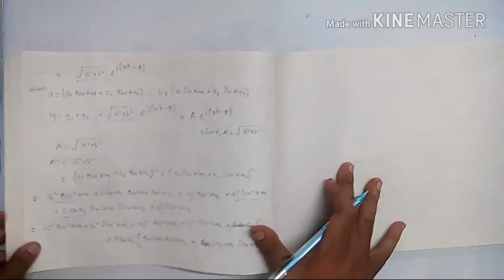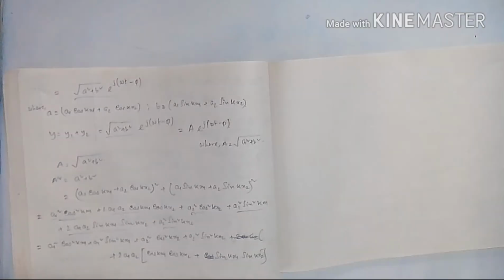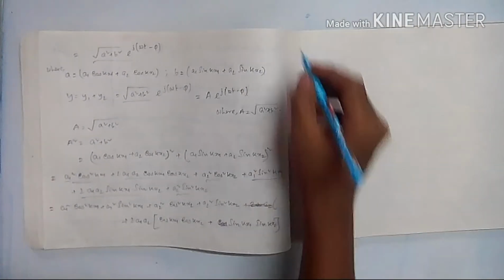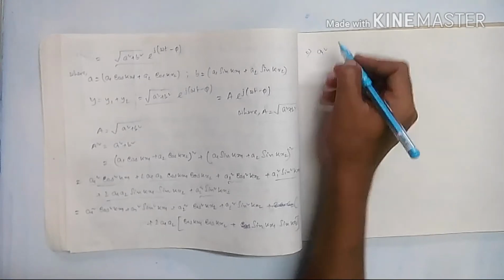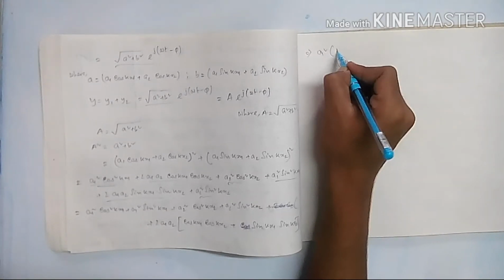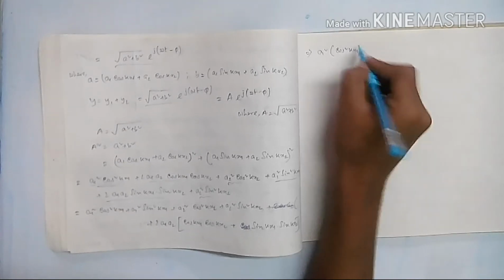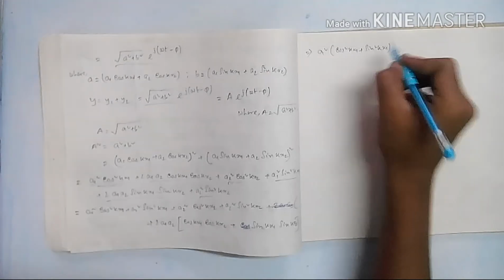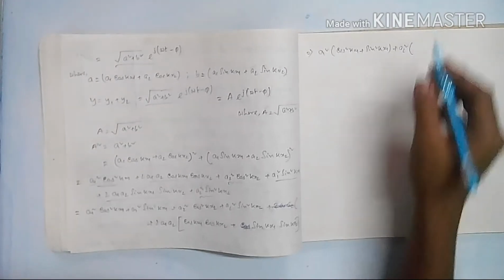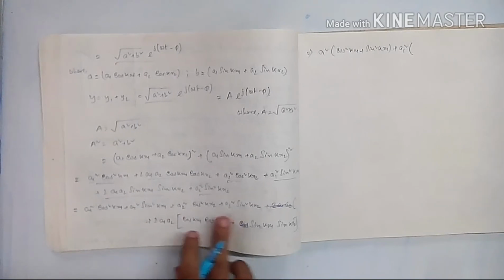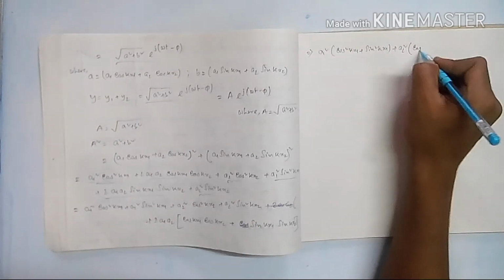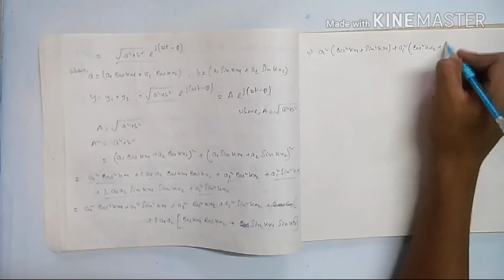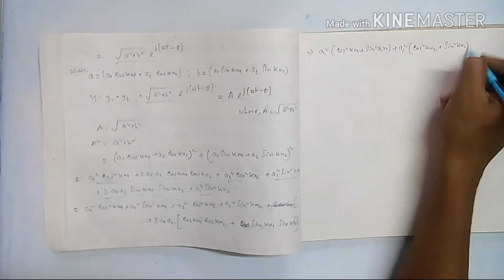So the next step is to take A1 square common, so we get cos square kx1 plus sin square kx1, and take A2 square common, and we get cos square kx2 plus sin square kx2.